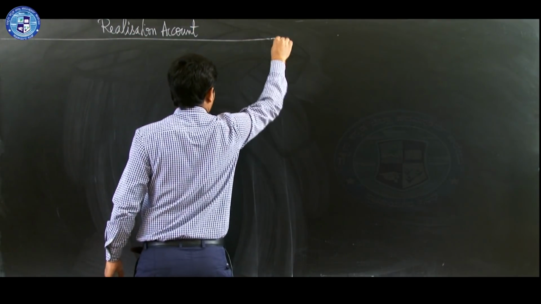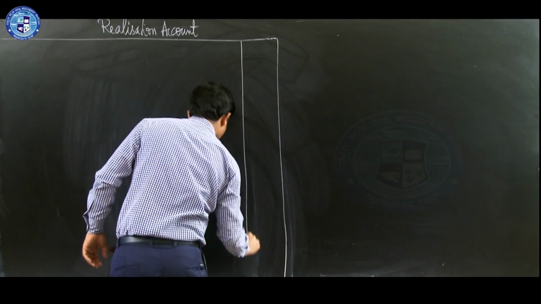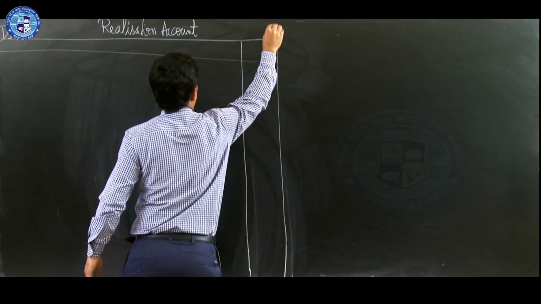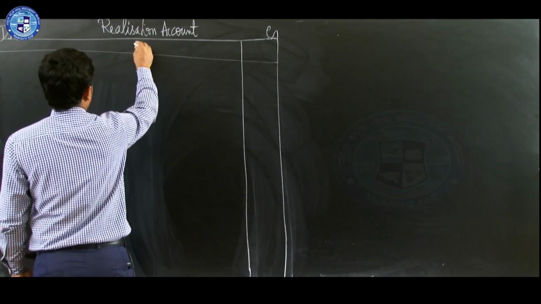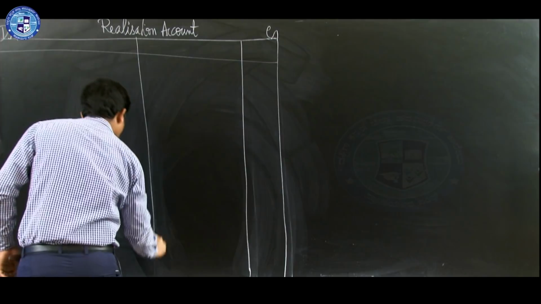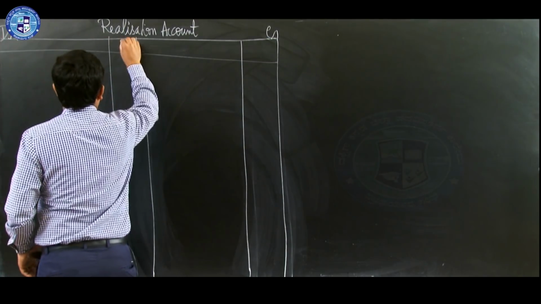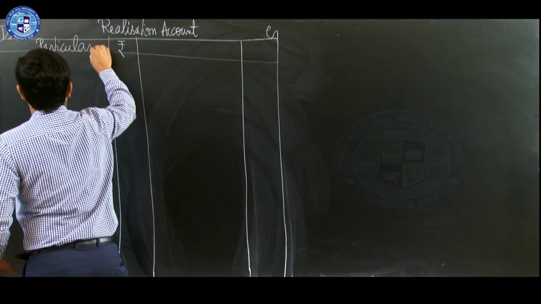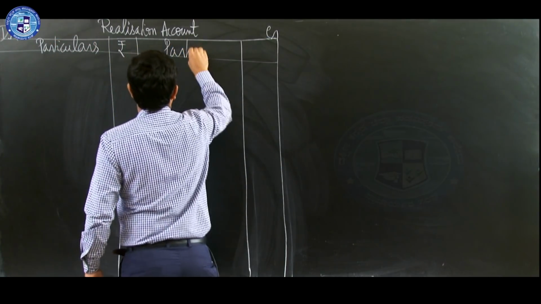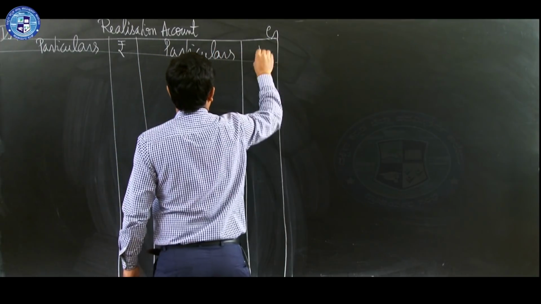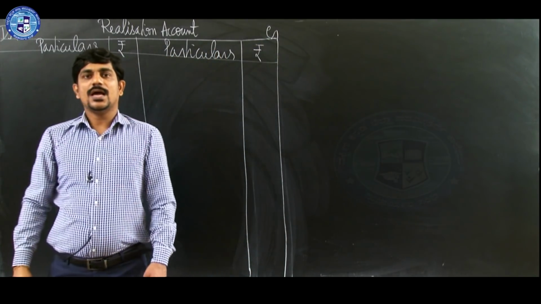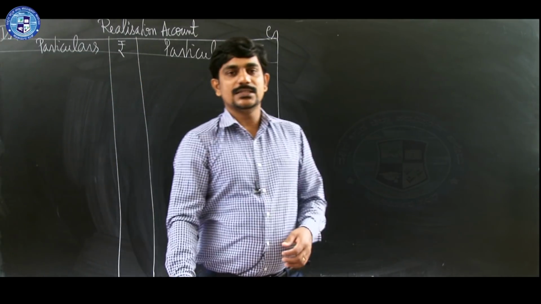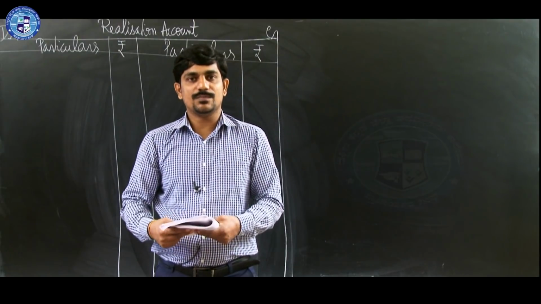On both sides you have to prepare one particulars column and one amount column in rupees. Now let us record the transactions one by one.